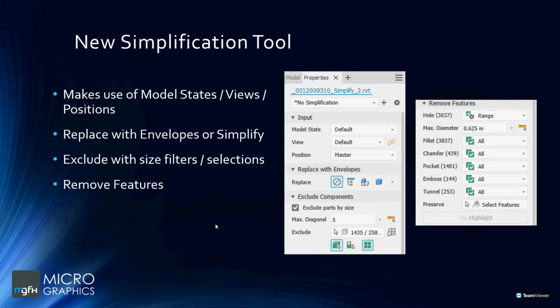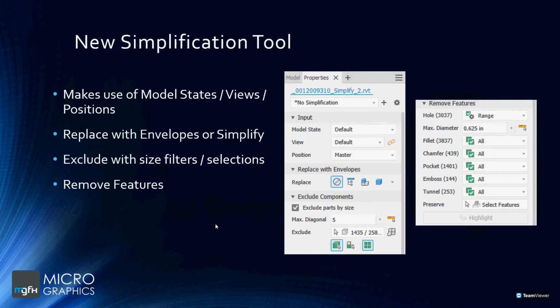So what we need to do, because of this difference, is take our complex Inventor assemblies and simplify them down before we can export them to Revit. Otherwise, you're going to end up with a very heavy design in Revit that's going to use a lot of resources. So this brings us around to the simplification tool and how it's been modified in Inventor 22.